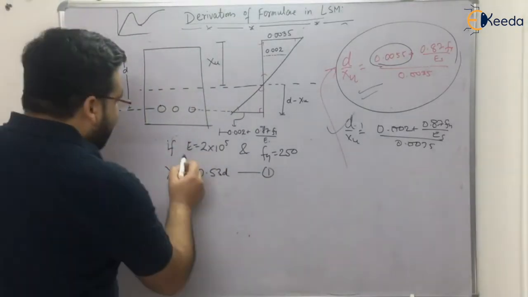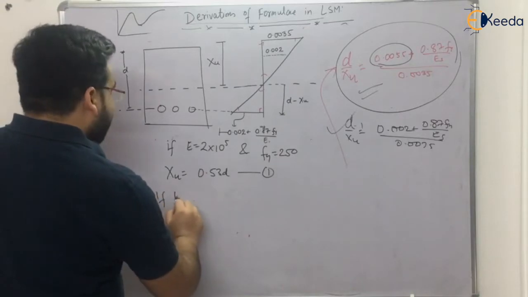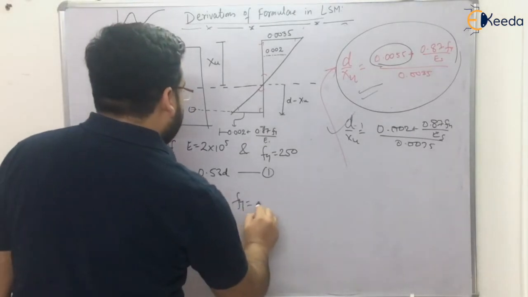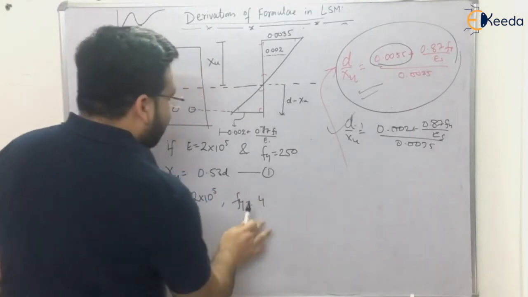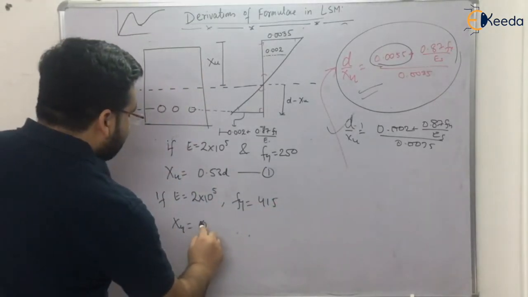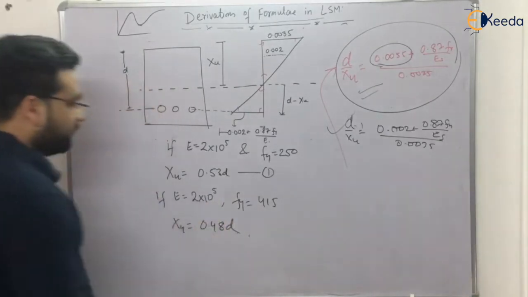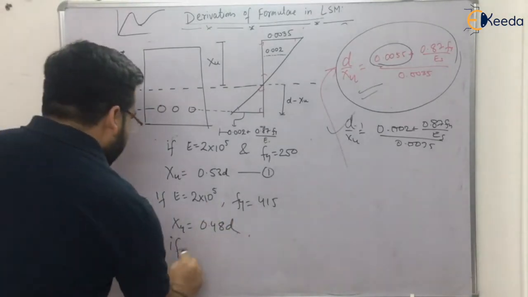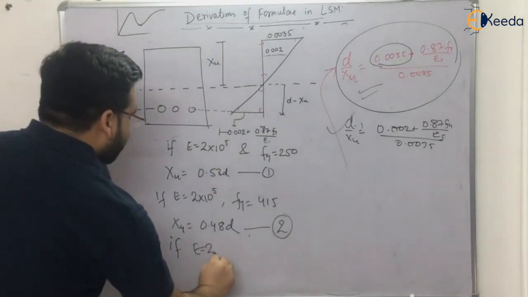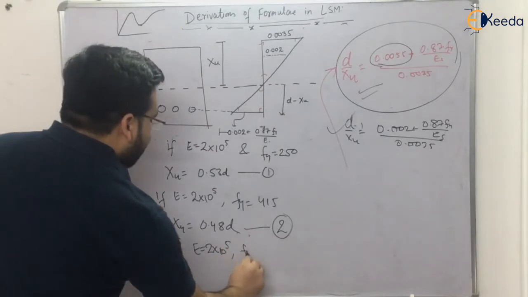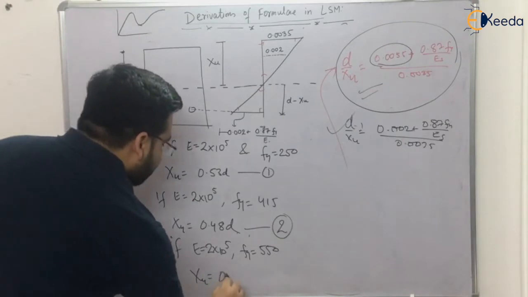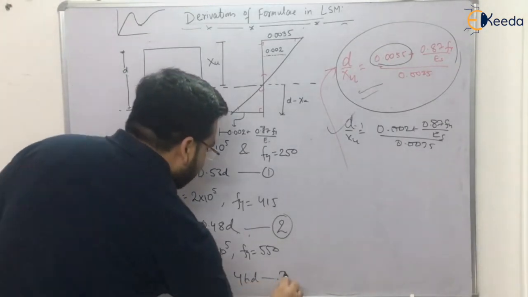If E is again the same, 2 into 10 raised to power 5, and Fy equals 415, then you will be getting Xu equals 0.48D, equation number 2. And if E is the same, 2 into 10 raised to power 5, and Fy is 550, you will be getting Xu equals 0.46D, equation number 3.